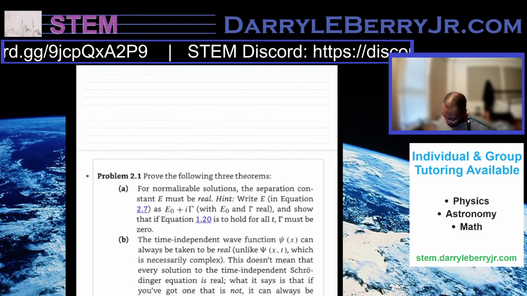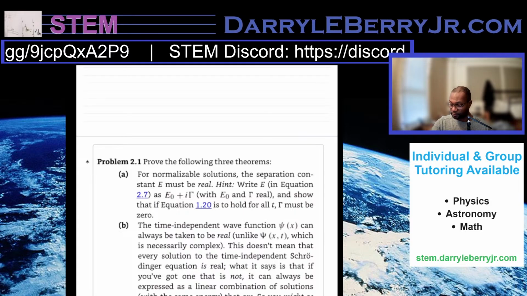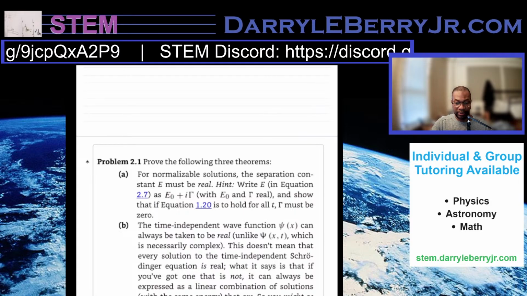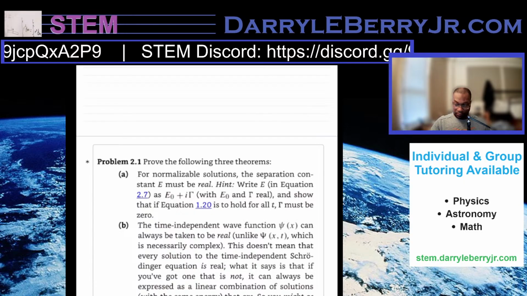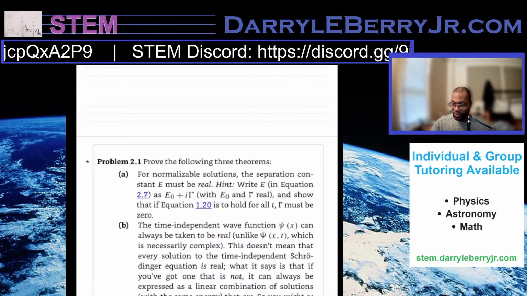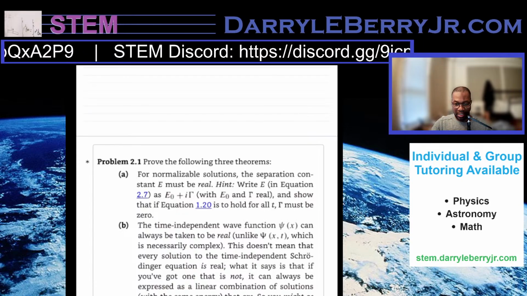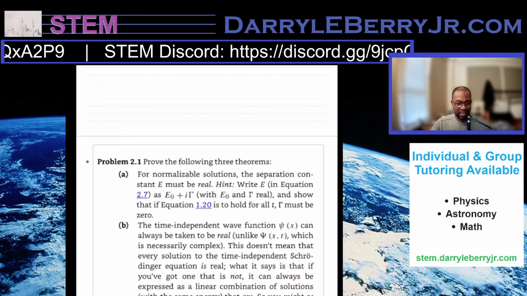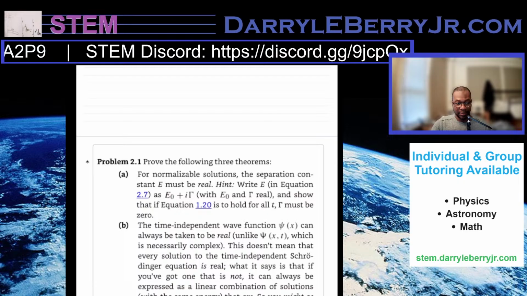And we want to show that equation 1.20 holds. So we write out equation 1.20. That's some quantum mechanics. I touched upon this a little bit in my other stream today, but this one I'll go into more detail and actually solve some problems.